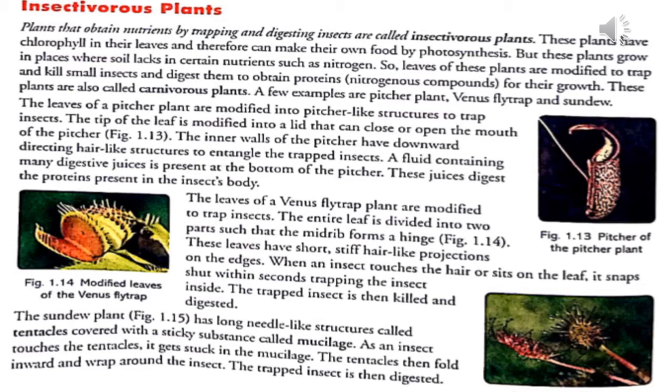The Venus flytrap also, their leaves are modified to trap insects. The entire leaf is divided into two parts such that the midrib forms a hinge. These leaves have short, stiff, hair-like projections on the edges.